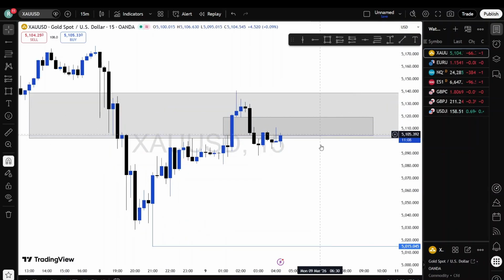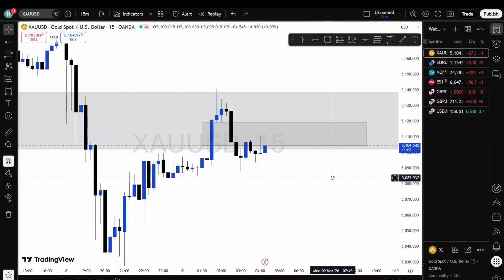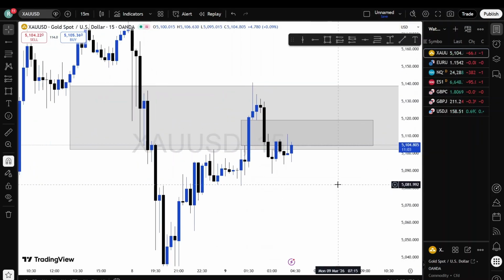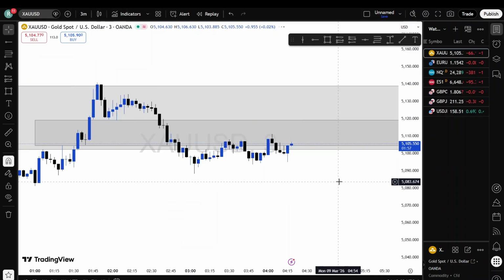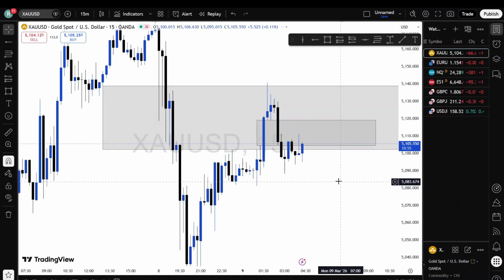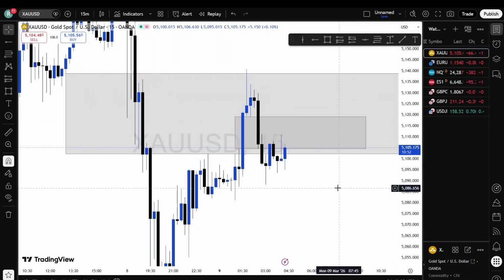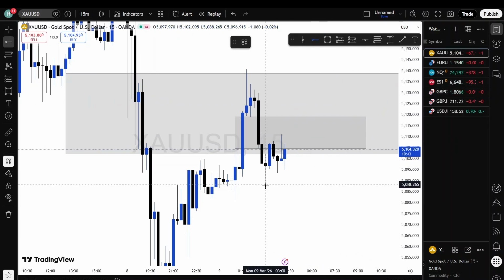Now gold, gold is still consolidating. Can we have something from here, from gold? The main thing is it has not yet swept any liquidity, at least.